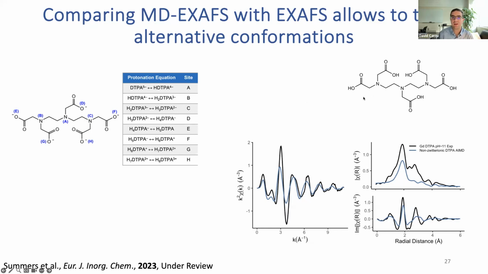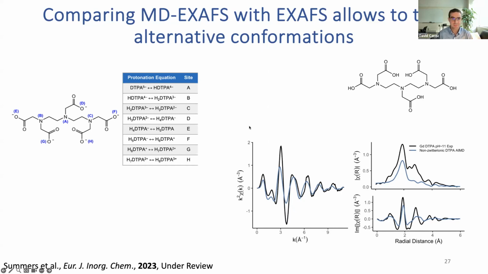We complexed that with gadolinium. We ran the simulation. We saw the protons come off and form H3O+ in the solution, and then we predicted the spectra, and we just don't see a very good agreement at all.